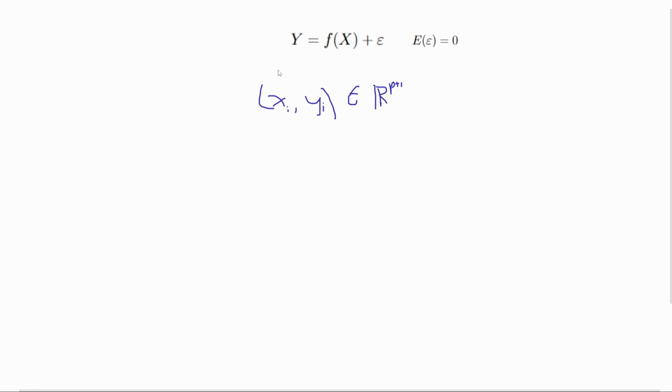It's because this is in R of p space, and this is R of 1 space, meaning each observation is a vector of numbers, and the resulting value of interest that we're trying to predict is simply just one number. Okay, and our goal is to find a useful approximation to f across some region in R of p, given a finite sample training set.